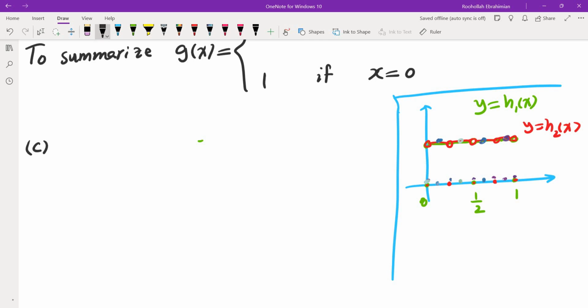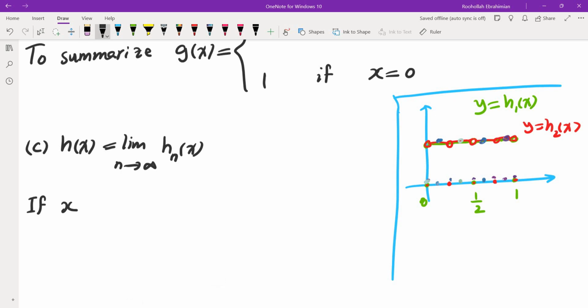So if your number x is not of the form integer over a power of 2, then every hn would be just 1. So h of x is the limit as n approaches infinity of hn of x. So let's see what happens.